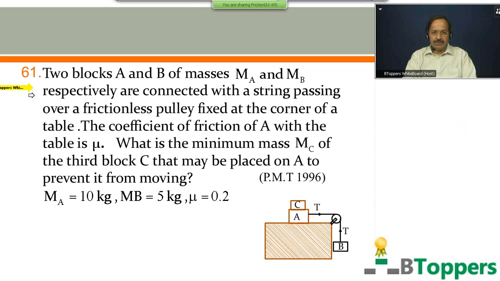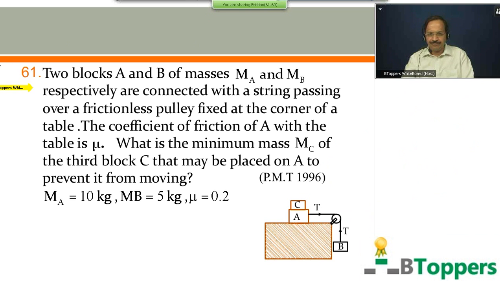I have already shown you questions 1 to 60 and discussed the solutions of all of them. In my next class I will be discussing the solutions of these questions.